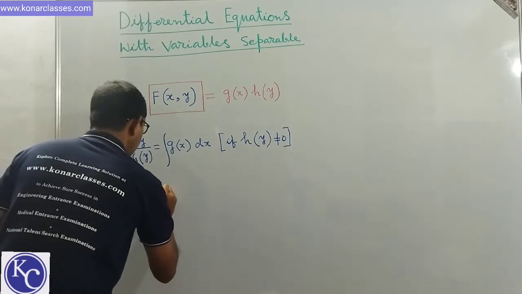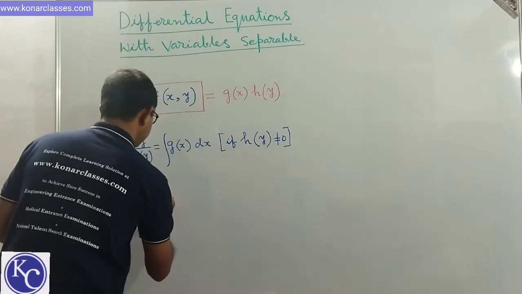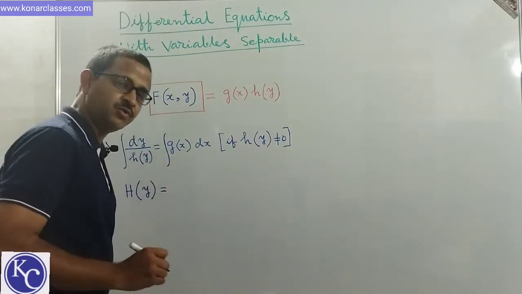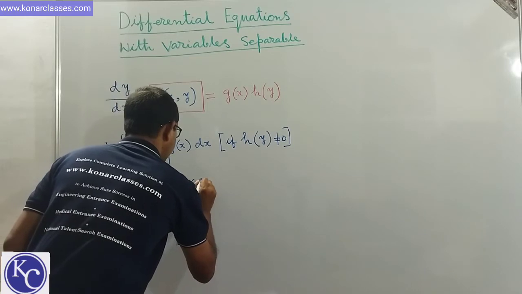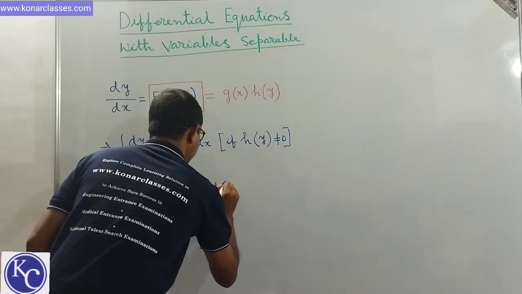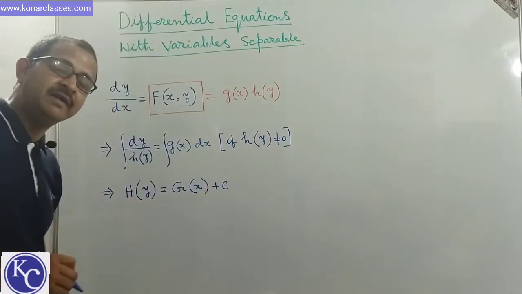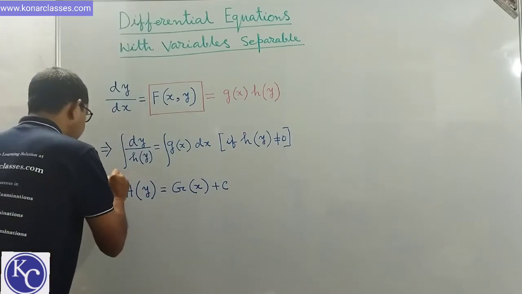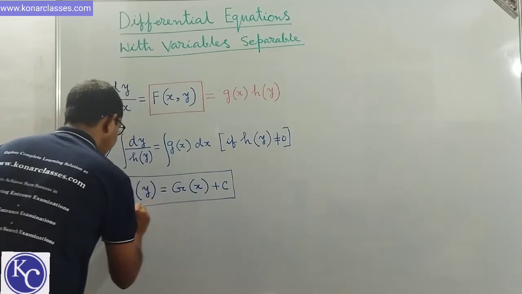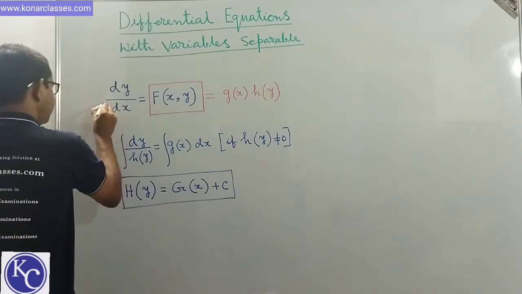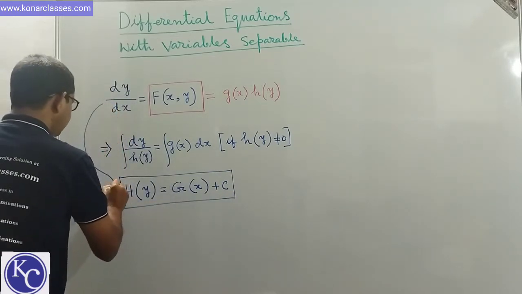That should be equal to the integral of g(x) with respect to x, suppose we get G(x) + c, where c is the integrating constant. So this is the solution to the given differential equation.